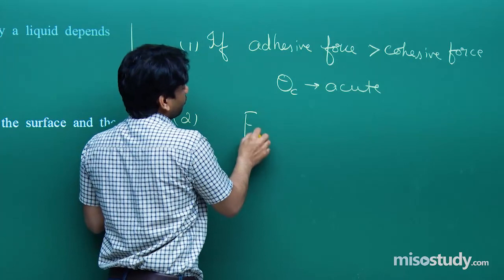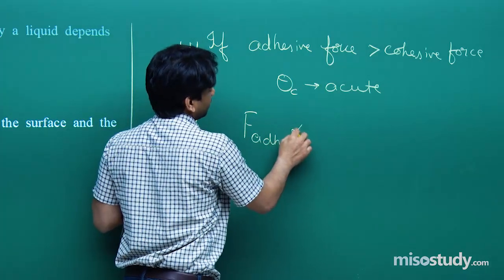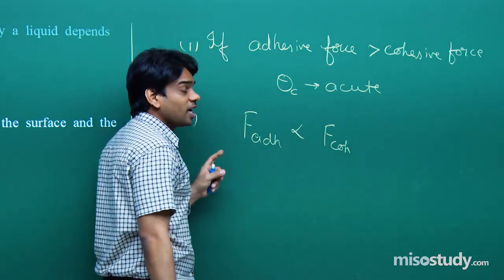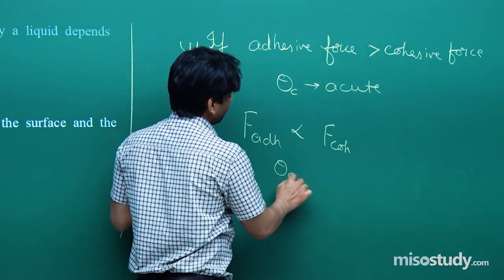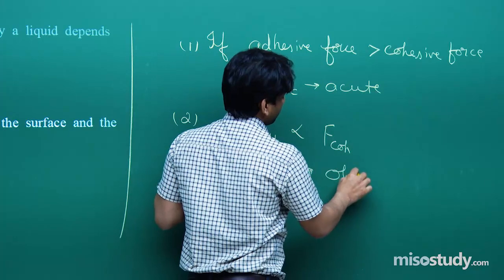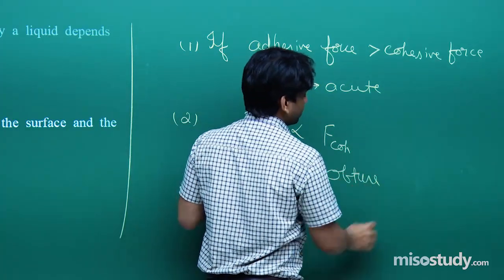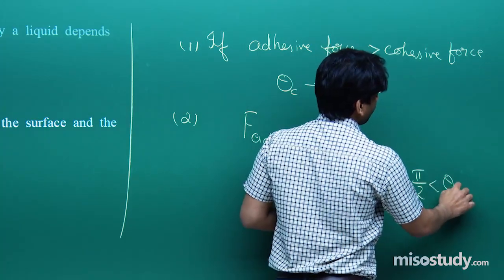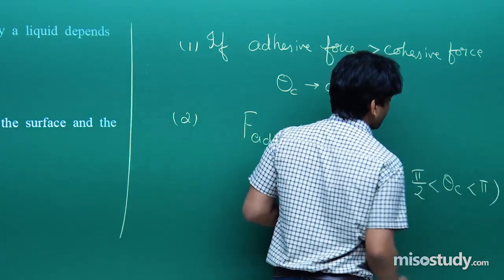Second, if adhesive force is less than cohesive force, the angle of contact will be obtuse, that is, it will lie between 90 to 180. This is what we have learned.